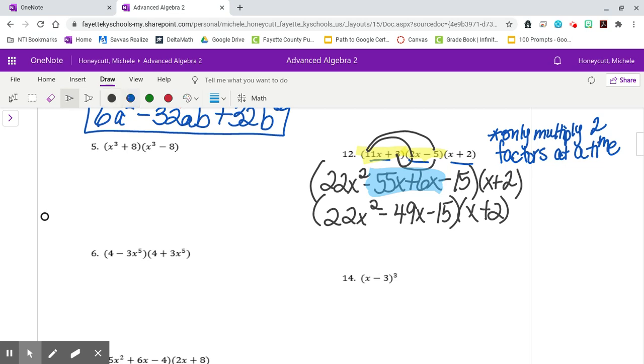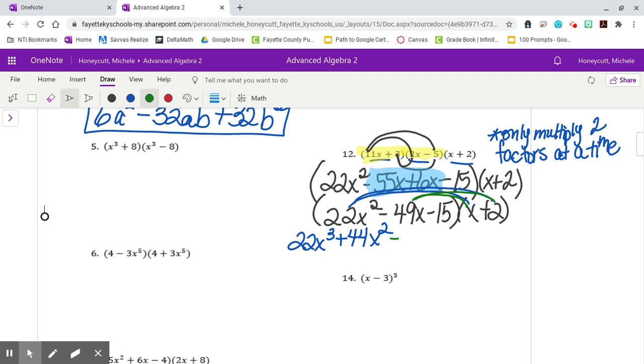So I will distribute the 22x squared times x and 2, and I'll have 22x cubed. 22x squared times 2 is plus 44x squared. Then I need to distribute negative 49x times x and the 2.